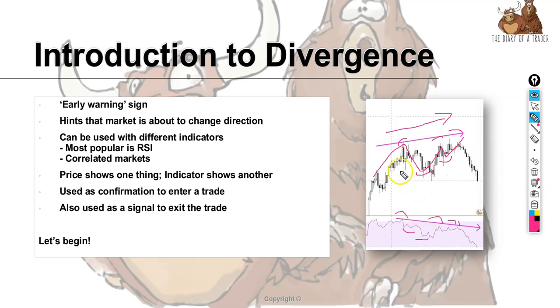So in fact, what we have here is a divergence in direction, where the two things you're looking at, price and indicator, diverge. So we go one way and then the other way. Convergence would be in the same direction, and divergence would be in opposite directions.